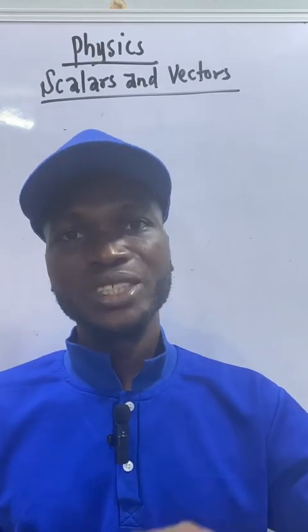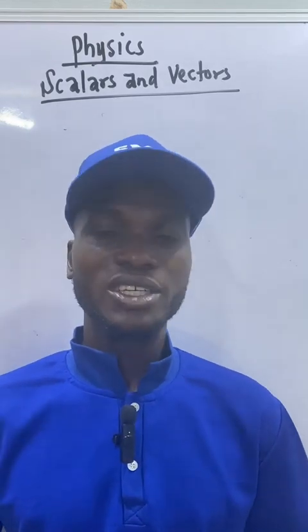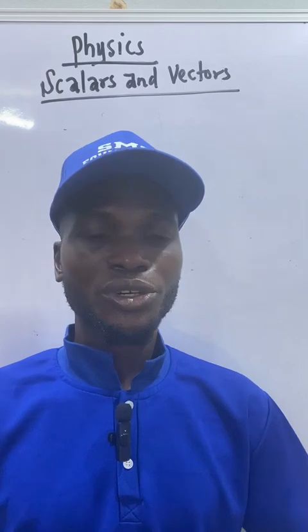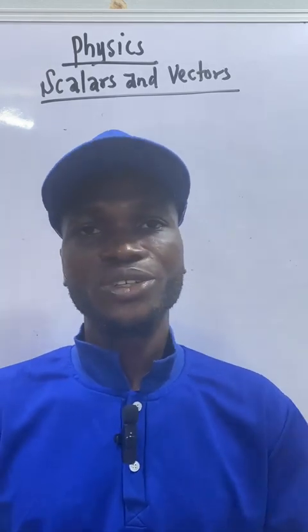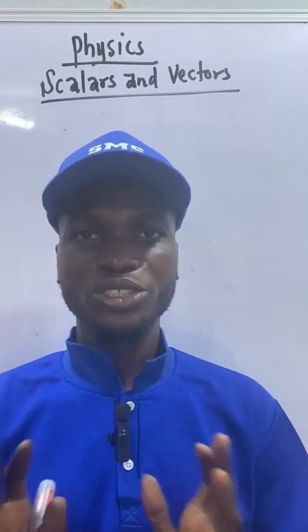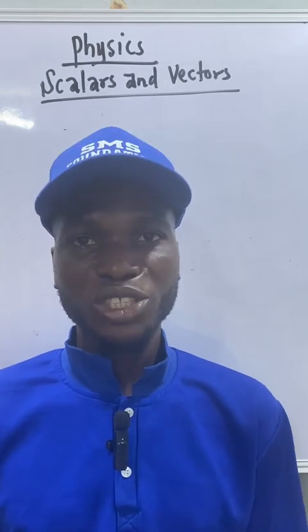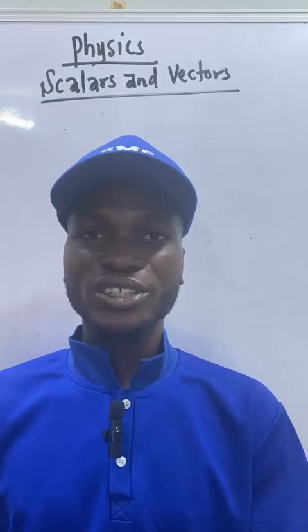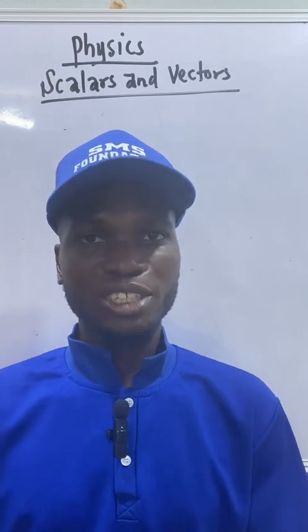For example, length. The length of your table at home, you can measure it. The length of your field, of your stadium, you can measure it. Or the distance between 2 points, you can measure it. The speed with which a car is moving, you can measure it. The velocity of a car, speed, both are the same to some extent.